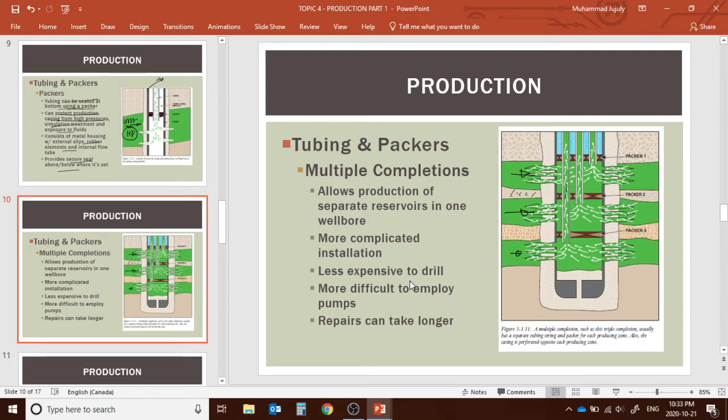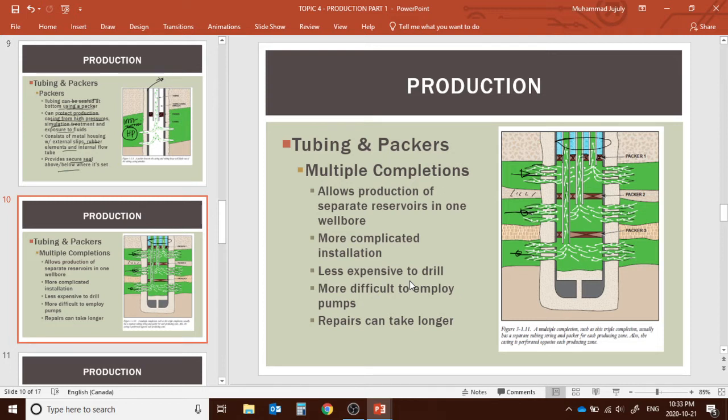This is another layer. So you want to put 3 tubes on the 3 layers. Okay, so what you can do, you can put a big production casing and 3 different tubes at the 3 different separate reservoirs. Okay, and then you can use the packers like that.